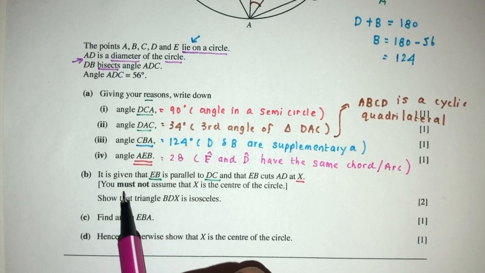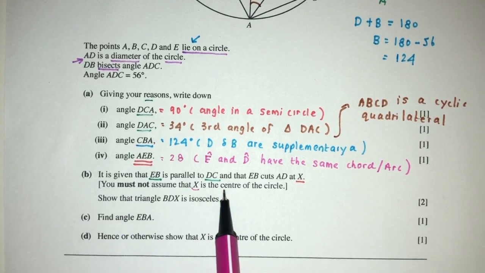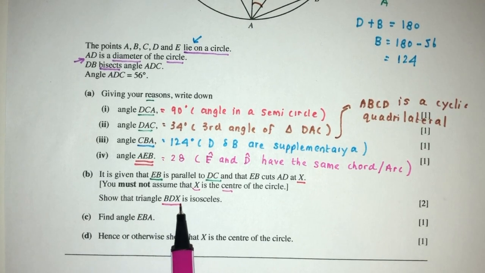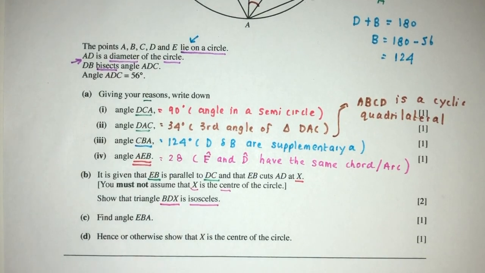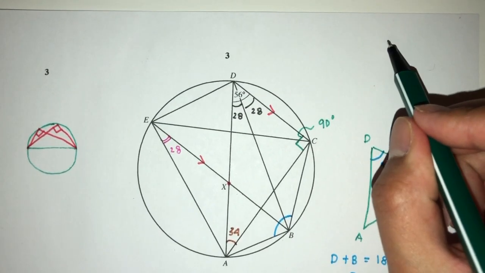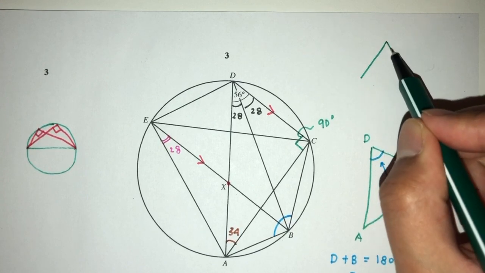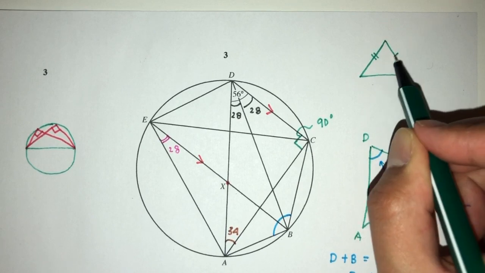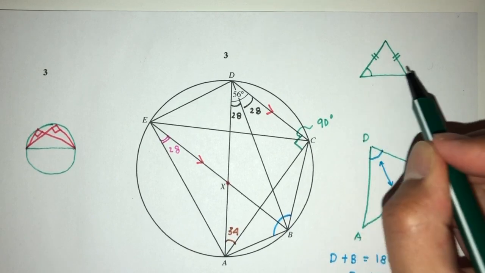The next one is you must not assume X is the center, so we assume it is not the center. We have to show that BDX is isosceles. Now again, what does it mean to be an isosceles triangle? So we have to understand that if you have an isosceles triangle, it just means that these two sides will be the same, which means these two angles have to be the same.